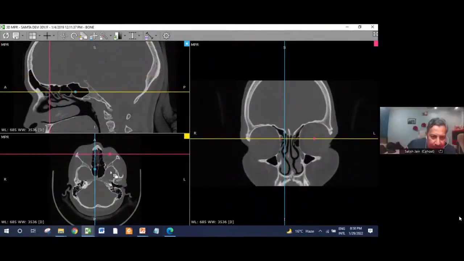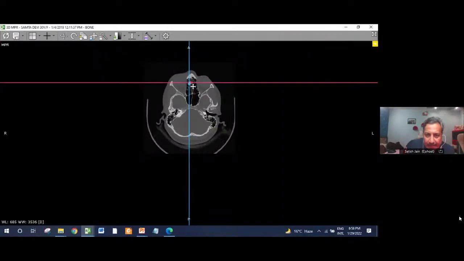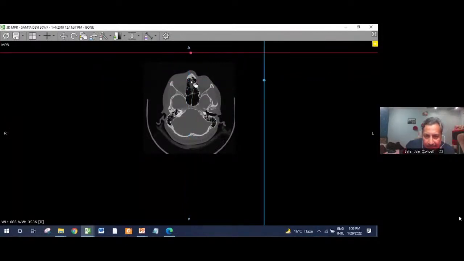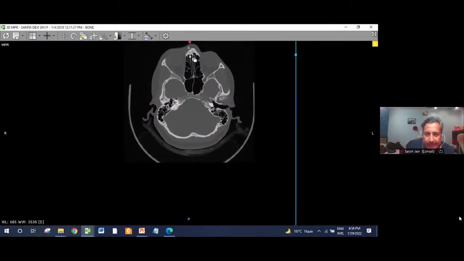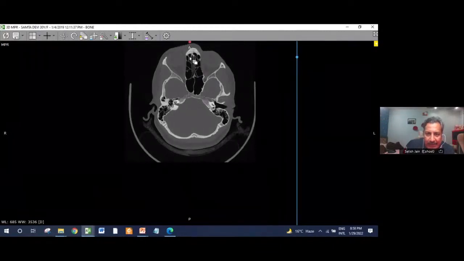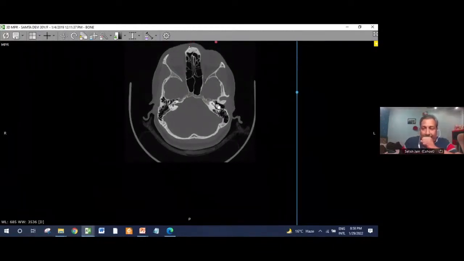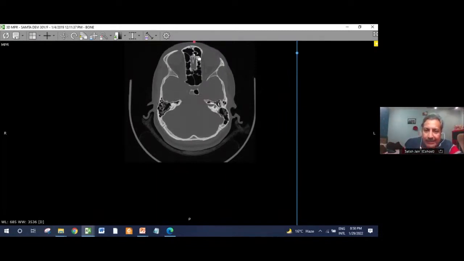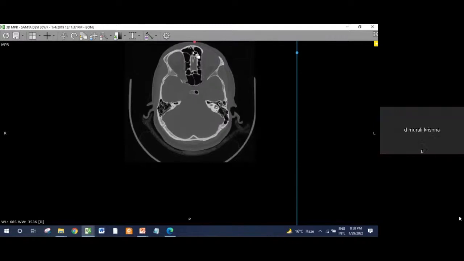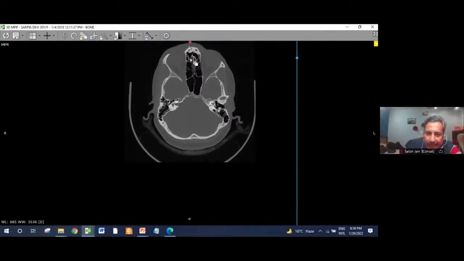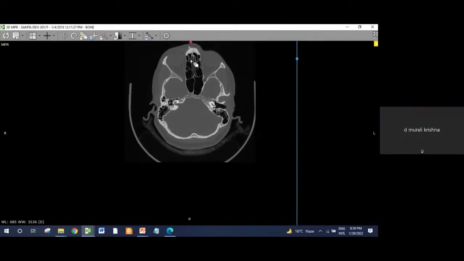And same thing here in the axial plane, the same point. See, this is the drainage pathway. So this drainage pathway, why is the axial plane more preferred? Because the sinus is above and drains inferiorly. See this? I am coming from above. And as the drainage comes, it starts narrowing.